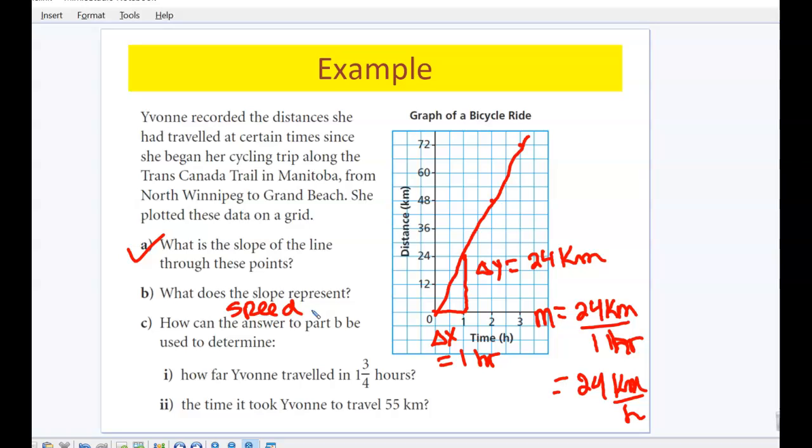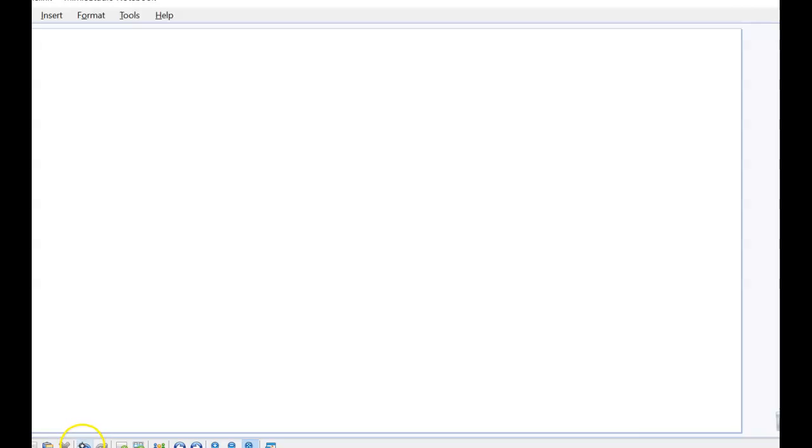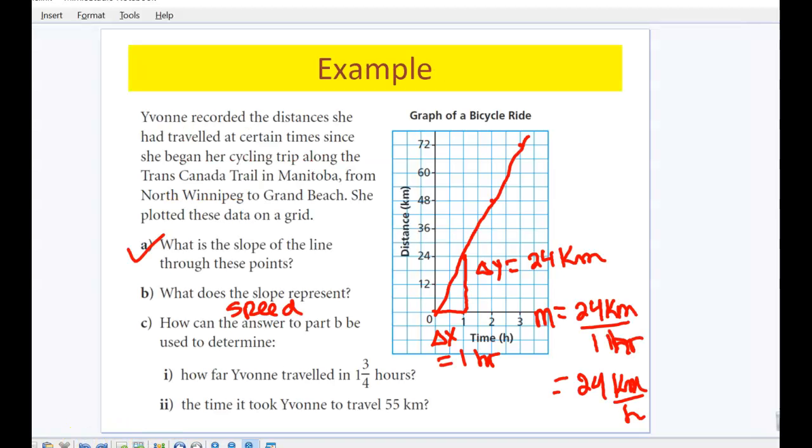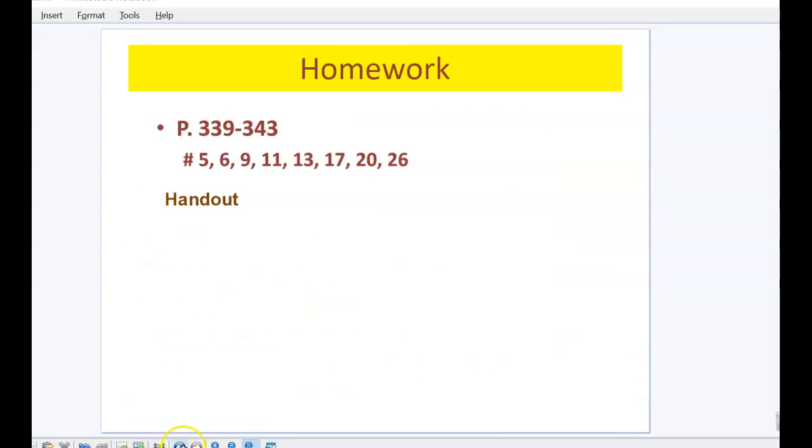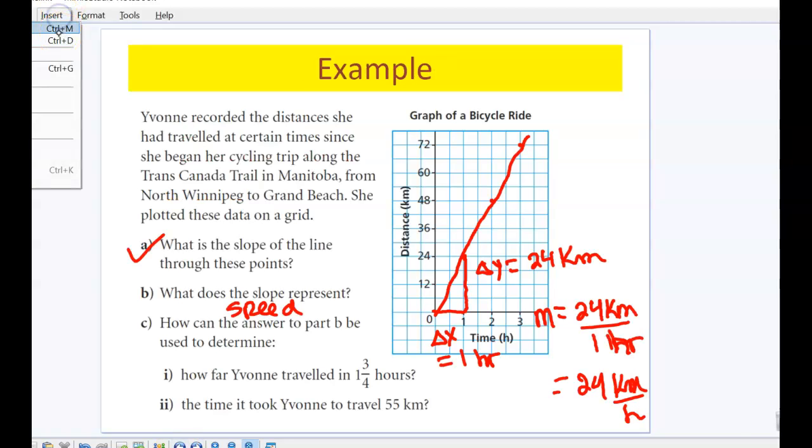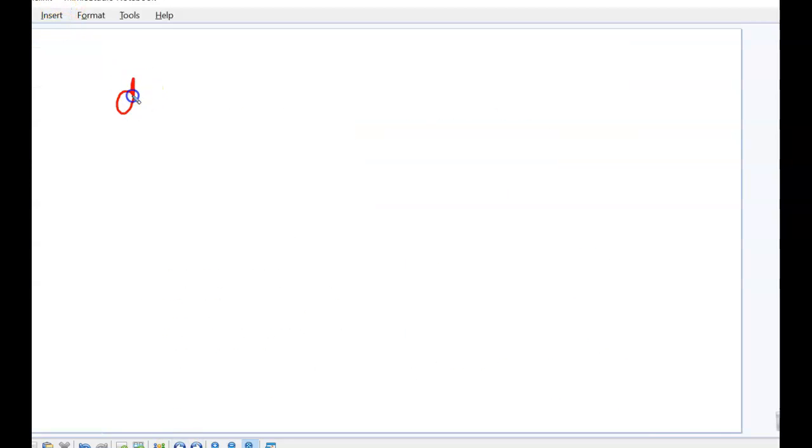And how can the answer to part B be used to determine how far Yvonne traveled in 1 3/4 hours? Okay. Well, we have a couple of ways we could do this. Number one, we could develop the equation for this particular line. And if we did that, we notice our y-intercept is 0. So in this particular case, my distance is going to be equal to my rate of change, which was 24t.